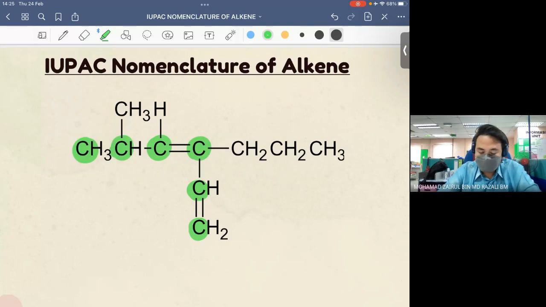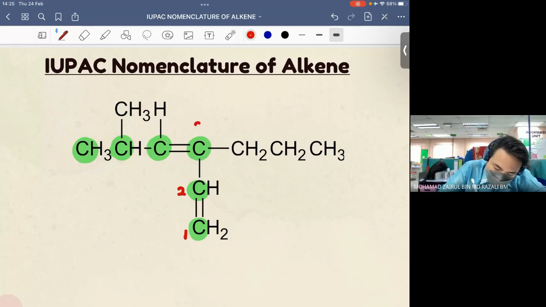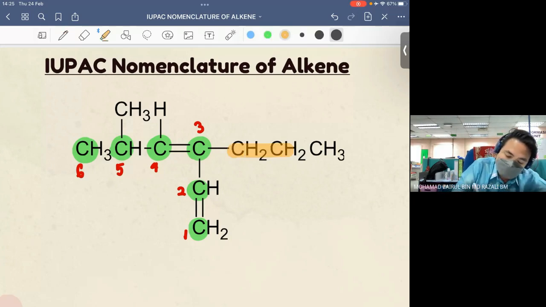Okay. So nak start numbering from the left ke yang from the bottom tu? Kita nak start numbering number 1. Bottom. Yes, correct. Sebab dia akan bagi double bond nombor yang rendah. So 1, 2, 3, 4, 5, 6. Okay. So sekarang ni kita ada substituent. Okay. Apa nama substituent yang ini?